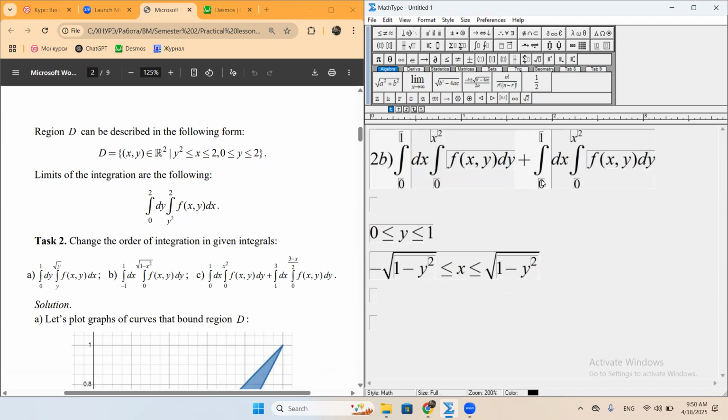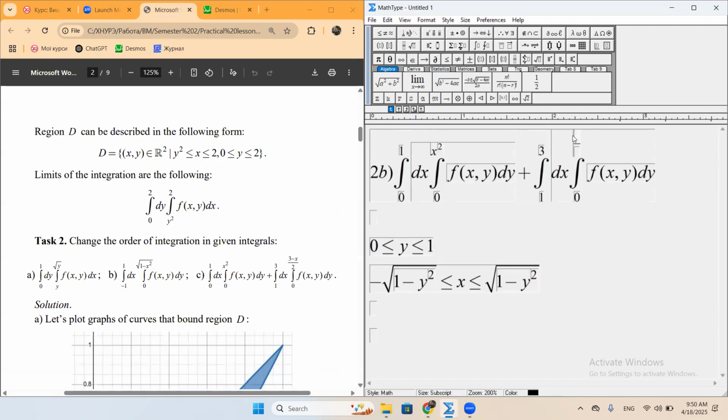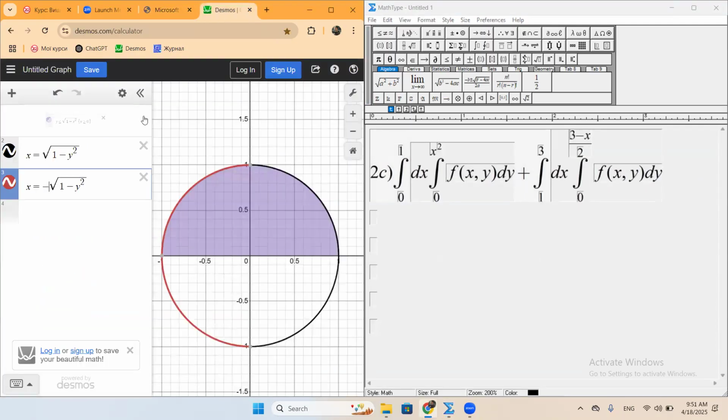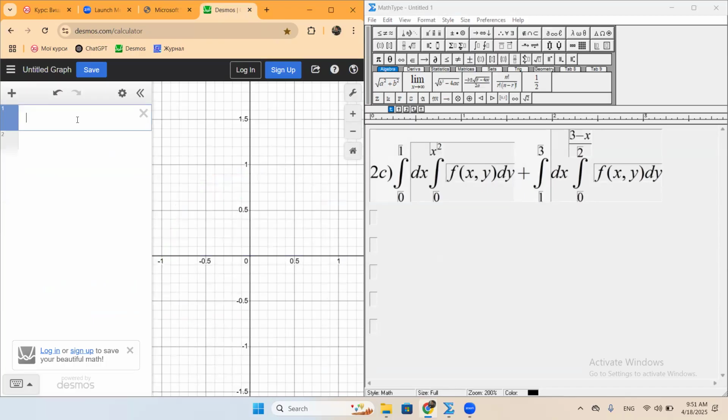First of all, we start with plotting a graph. 3 minus x over 2. So I will erase it. And it is 2c. So let's first of all plot all these curves. And we will see what we receive.